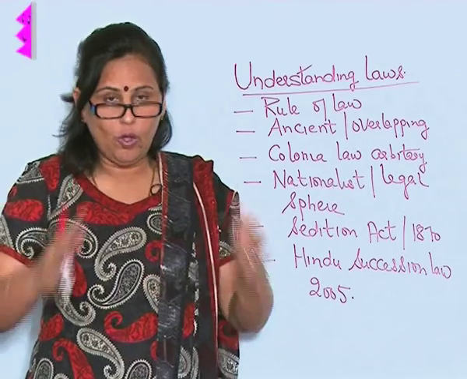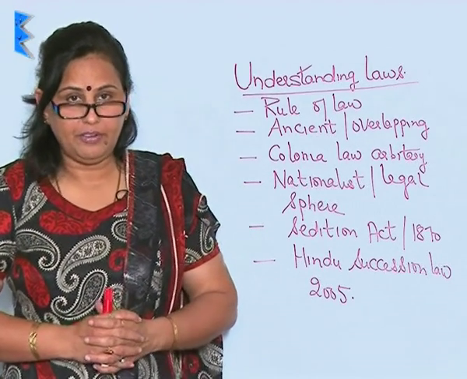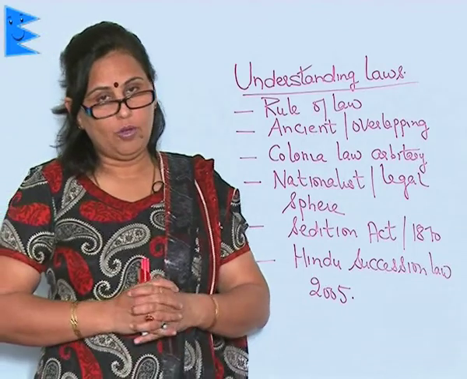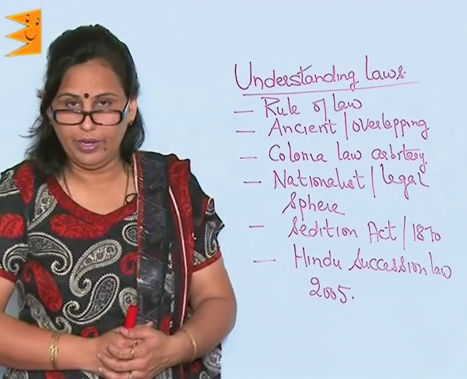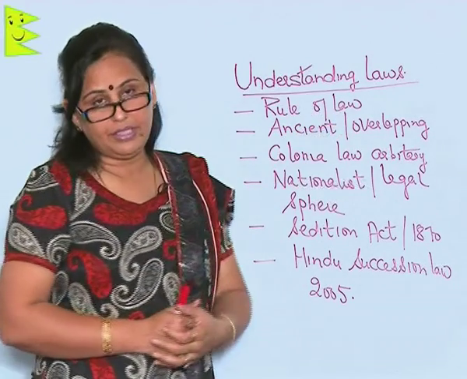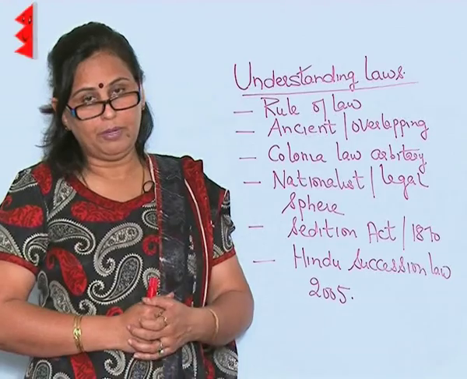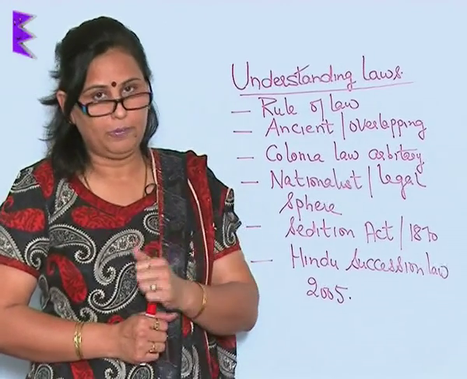There are laws which are applicable to all of us, whether rich or poor, big or small, whether living in the urban areas or in the rural areas. So, something which ensures equality of all human beings is termed as rule of law.